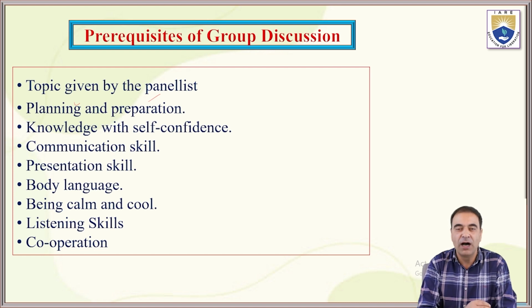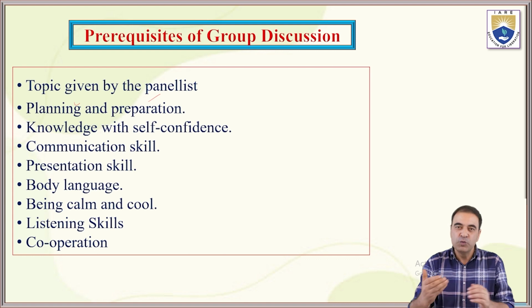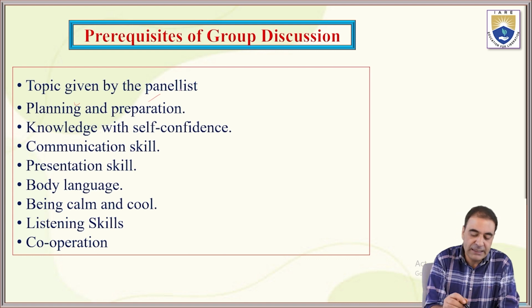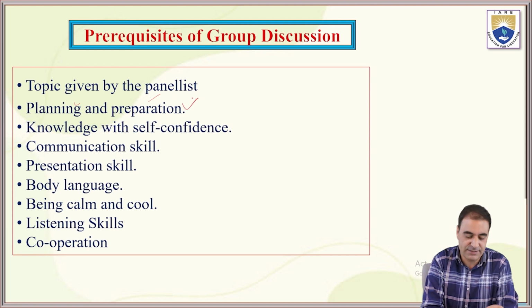Therefore, we need to plan and prepare prior to discussion. These are the important things. We need to collect important information, data, facts, or figures on the topic on which we have to have a discussion. Therefore, planning and preparation are important.